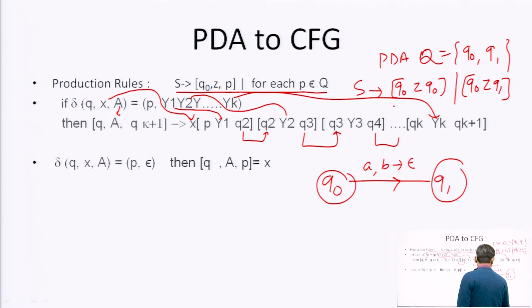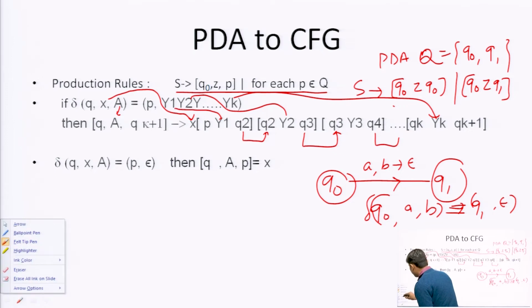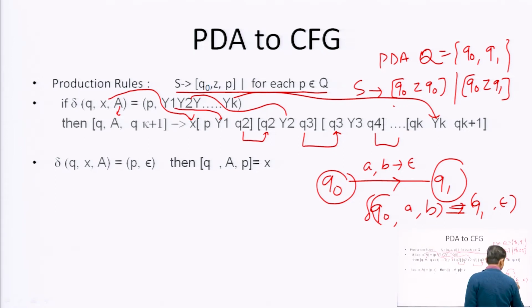So this transition is saying Q0, A, B going to Q1, epsilon. So here we pop the B from the stack.